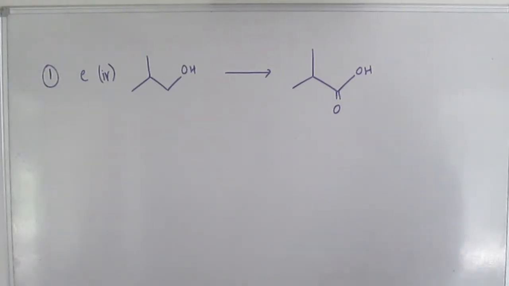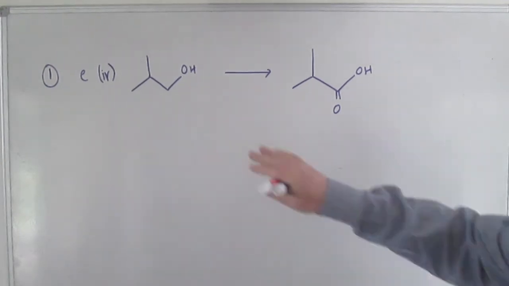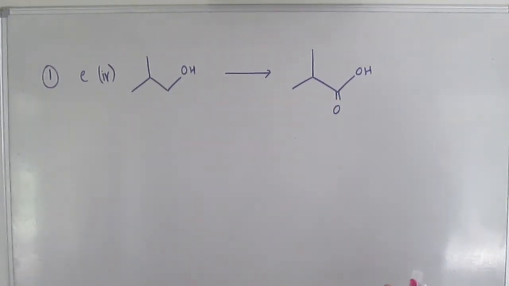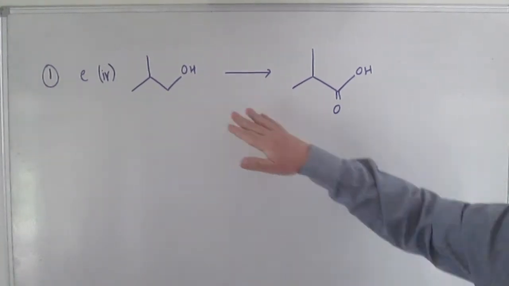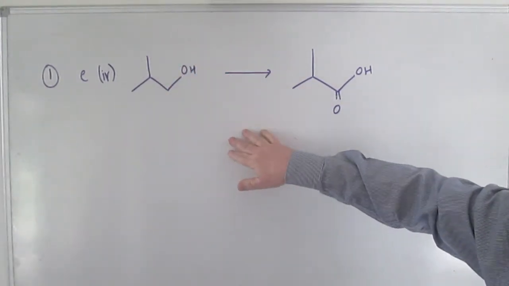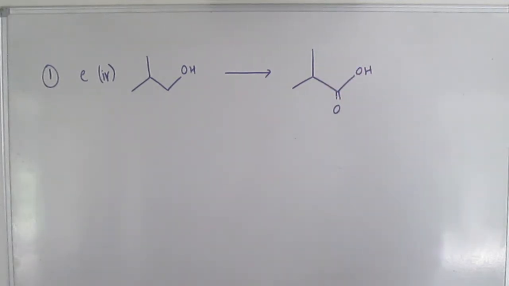Okay, so part 4 then wants the details of the experimental method that you use to convert your alcohol to a carboxylic acid using the reaction that you've just described. So the important issue here is to remember, as I say, that this is a double stage oxidation. You've got to go first to an aldehyde, and then the aldehyde gets converted into the carboxylic acid.